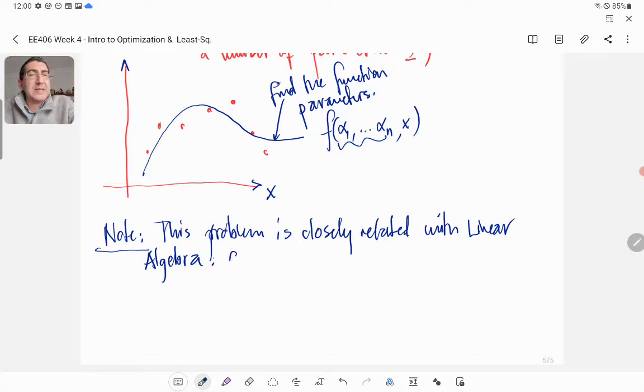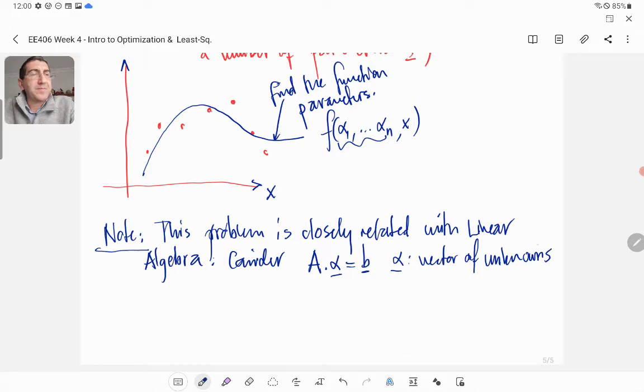In the sense that if you consider a linear equation, A times alpha equals B, okay? So B is a vector, alpha is a vector, A is a matrix. So alpha is a vector of unknown parameters. Alpha is in R^n, and A is an n by n invertible matrix.